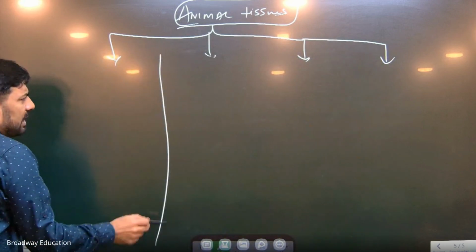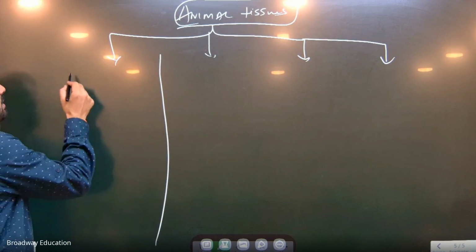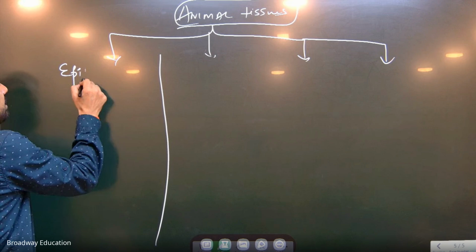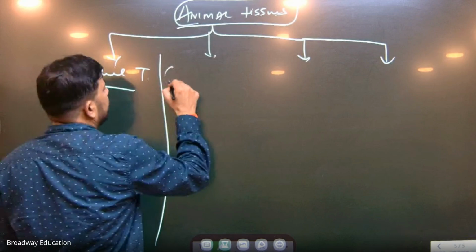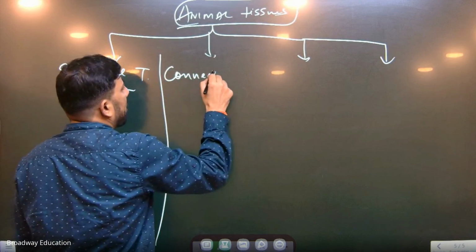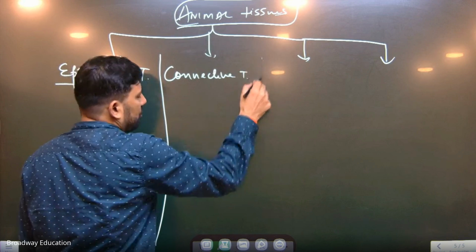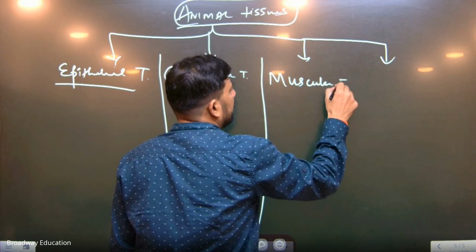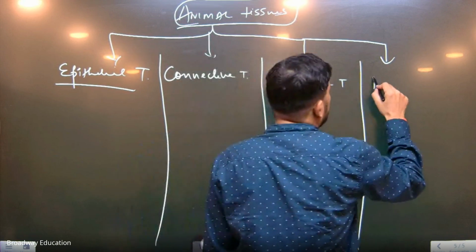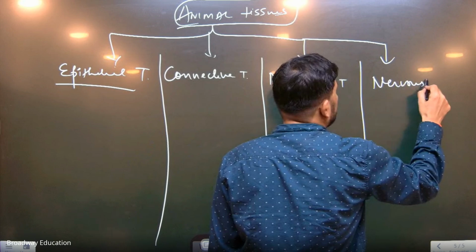Which were these four types? Tell me. Epithelial, then connective tissue, then muscle tissues or muscular tissues, okay, and nervous tissues, right?